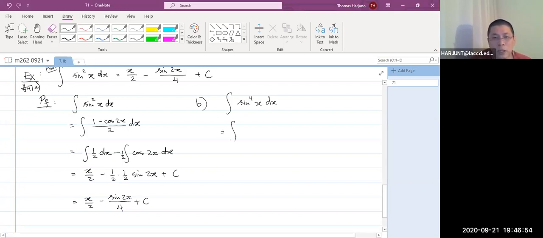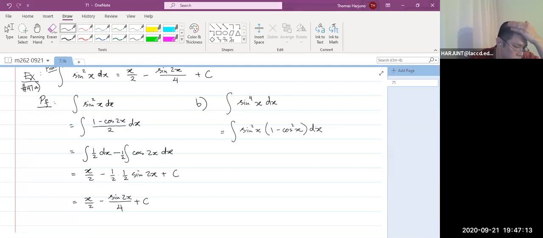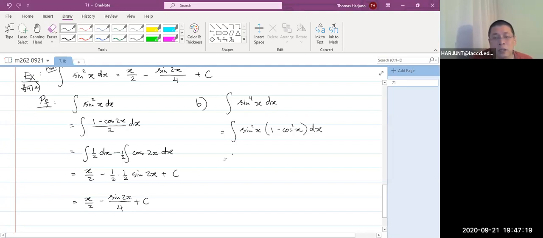So this is integral of sine squared x times 1 minus cosine squared x dx. And this is equal to integral of sine squared x dx minus integral of sine squared x cosine squared x dx.